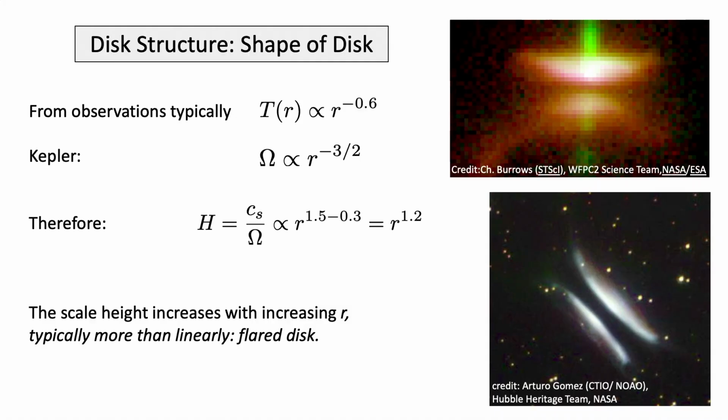It's called a scale height. And this increases with something like r to the 1.2. So you see, the farther away you go from the star, the thicker your disk becomes, like this. And that's what you see in these pictures. So that's a very short explanation why we see this widening of the disk with distance.